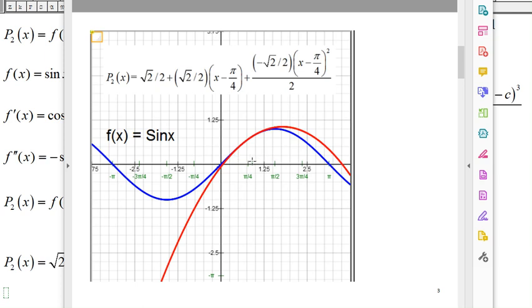So we pick a number near pi over 4 and then evaluate it using the second degree polynomial, and then evaluate it using the function sine of x. We will see that the two values are similar, about the same. And so that's what the Taylor polynomial is used for, to approximate values of functions. And in this case, the function is sine of x.